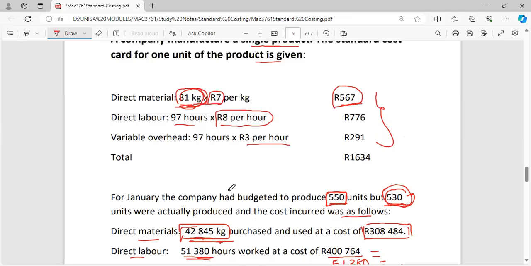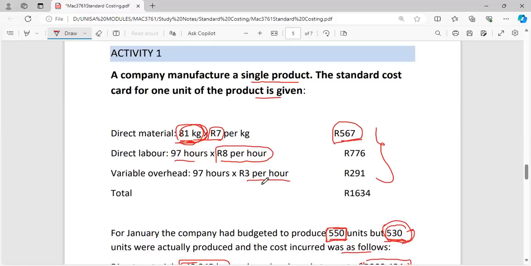And we compare with here. So which means we are now going to have our 291, which is 97 times 3, is going to give us 291.